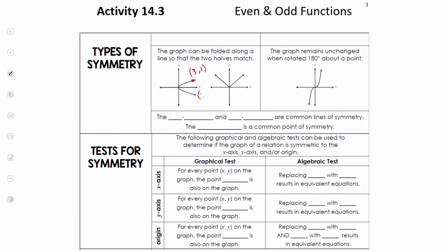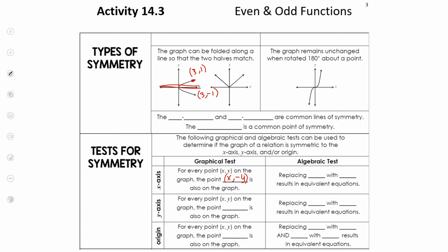Yep, 3, -1. So guys, the x value stayed the same, but you see how the y value became negative? Okay, so whenever it is symmetrical across the x-axis, that means the point (x, y) will also have the point (x, -y). The graph will have (x, y) and (x, -y) on the same graph.